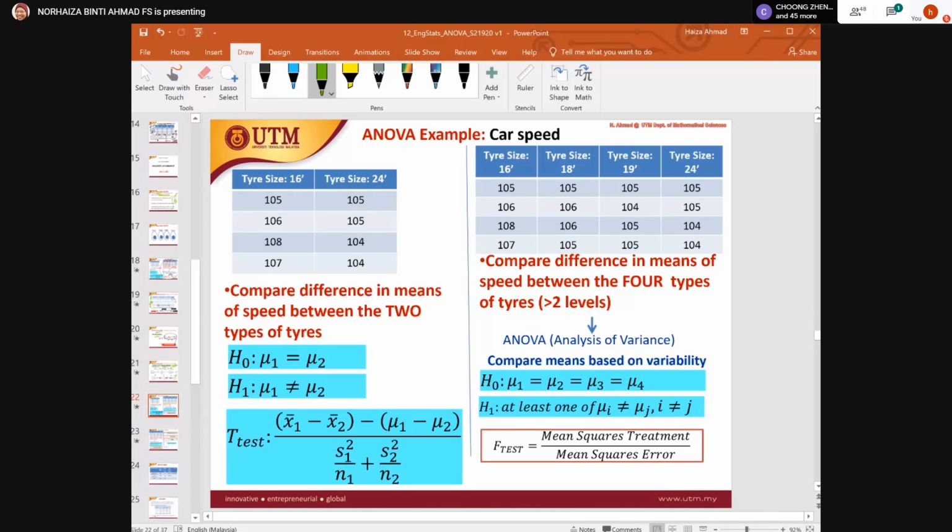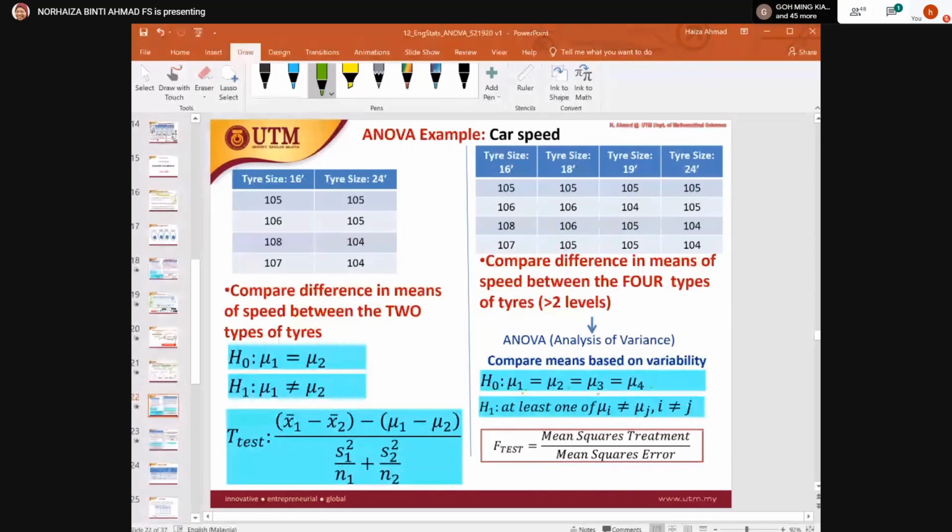So notice the difference here. Writing out your hypothesis for ANOVA, there's only one way to do it. If you do a t-test, it's mu1 equals mu2. So H naught here, since you have 4, is mu1 equals mu2 equals mu3 equals mu4.